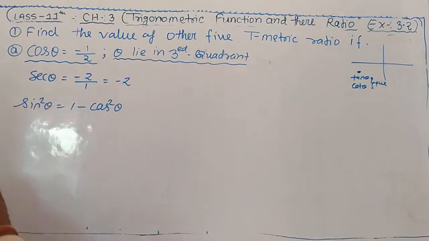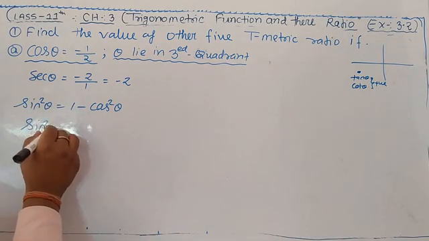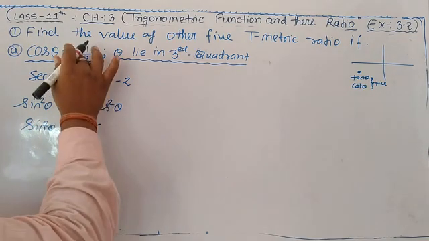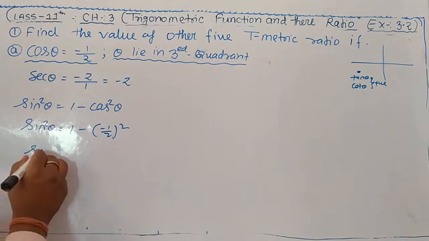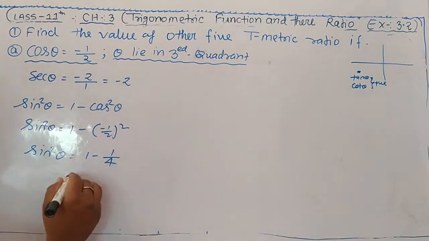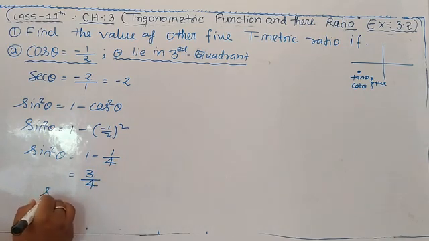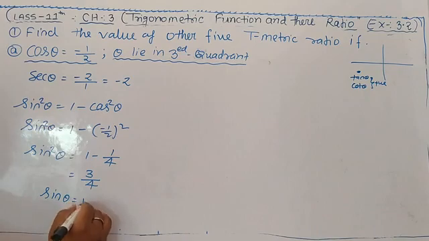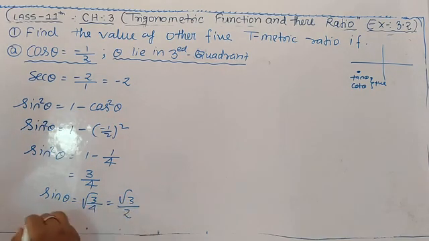Sin square theta is equal to 1 minus the value of cos theta, minus 1 by 2, whole square. Sin square theta is equal to 1 minus 1 by 4, which is 3 by 4. Then sin theta is equal to root 3 by 4, which is root 3 by 2.